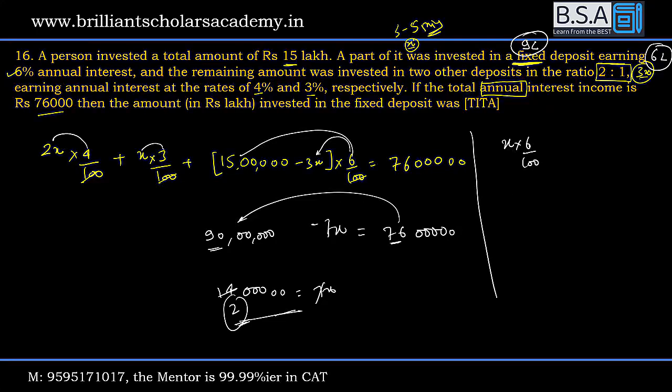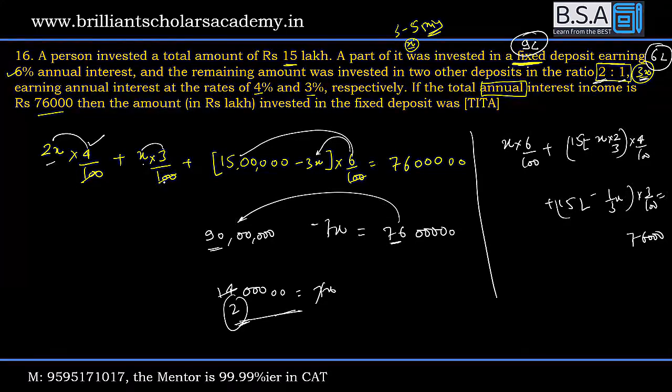then it is very easy, 6% of x, but now 15 lakh minus 2/3x, for this you'll have to calculate 4%, and 15 lakh minus 1/3x, for this you'll have to calculate 3%. This becomes very troublesome. You start by assuming the money here is 2x and 1x, so money here is 3x. 2x rupees at 4%, x rupees at 3%, and then 15 lakh minus 3x, and rearrange the whole thing.